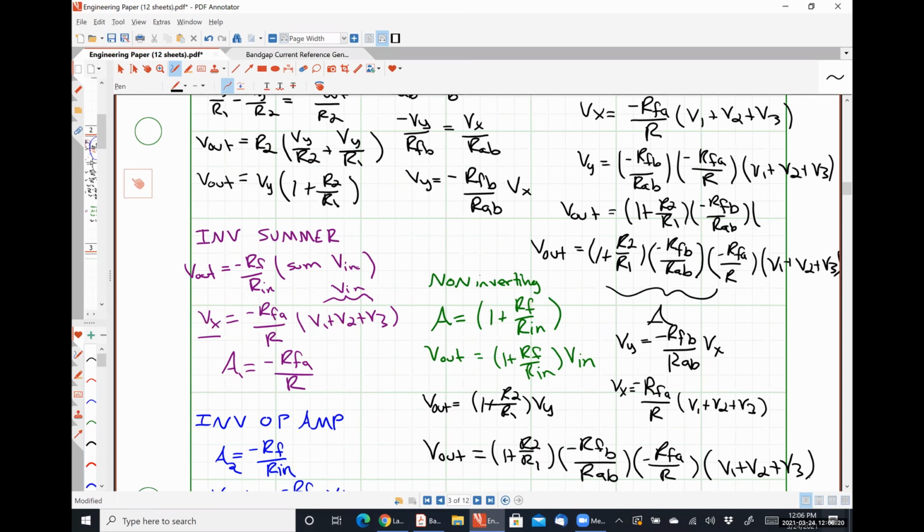And note, that's the same equation we had here, right? Exactly the same. And all of these just happen to be A3, A2, and A1.